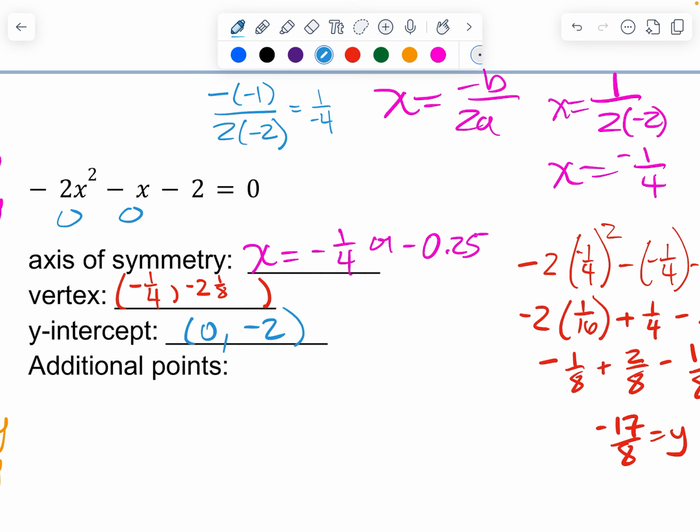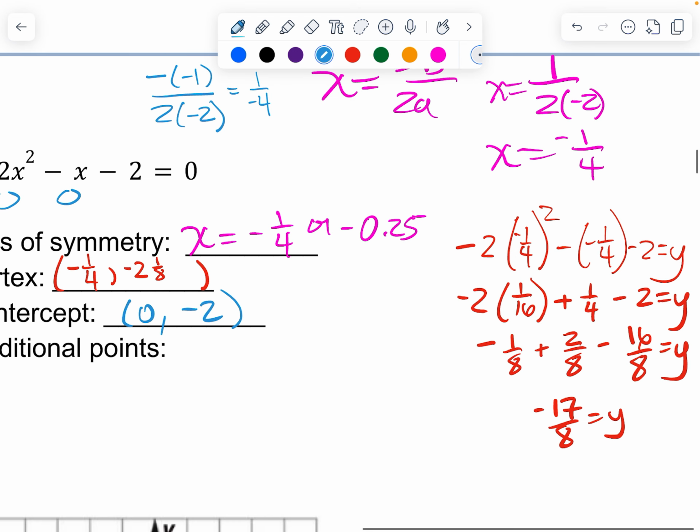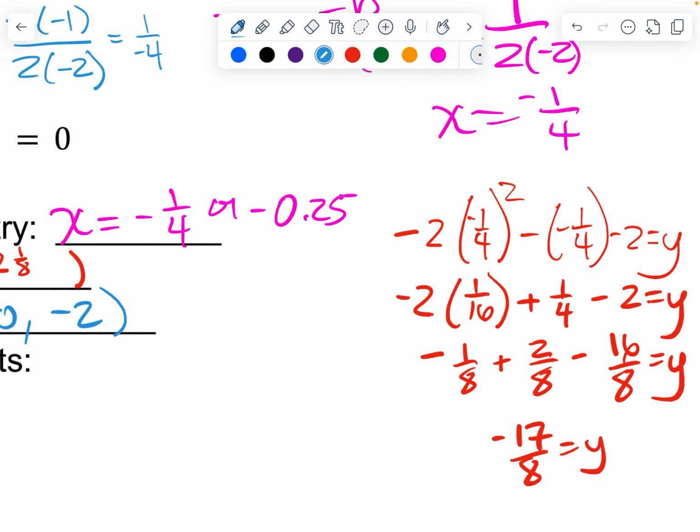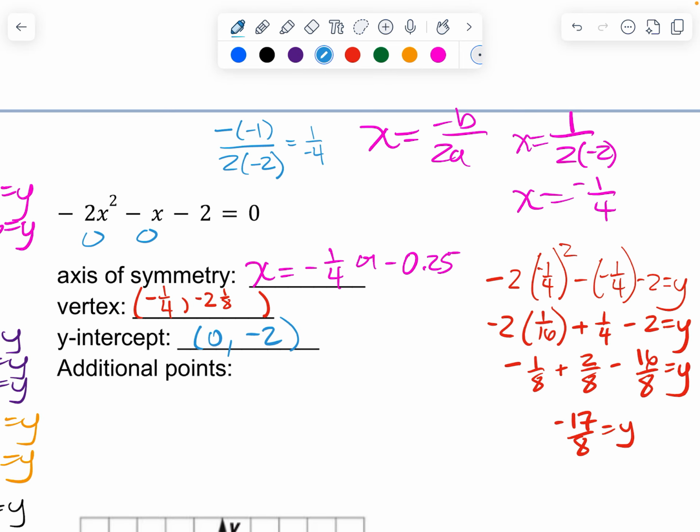Okay, that's right. And then I plug in negative 2, this squared is 1/16, negative 1/8.